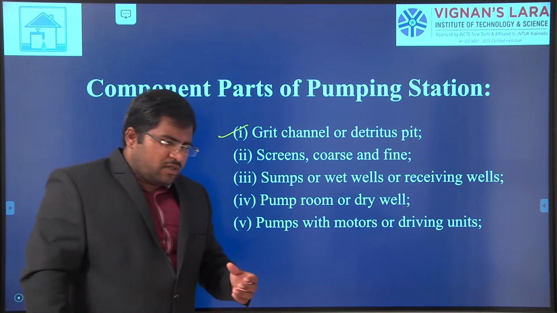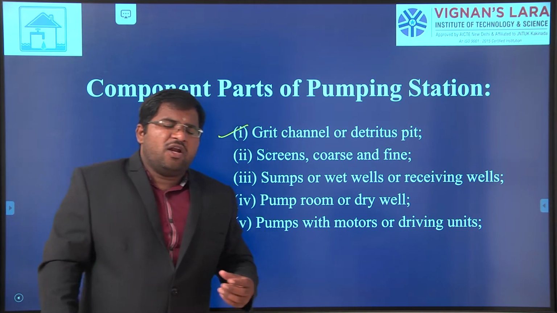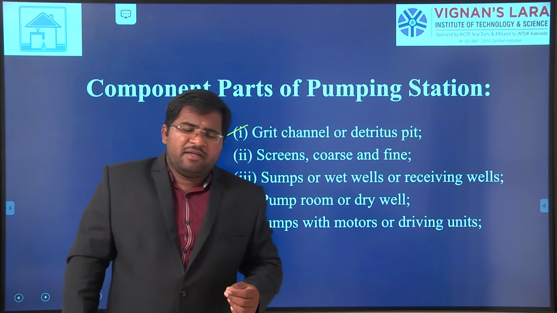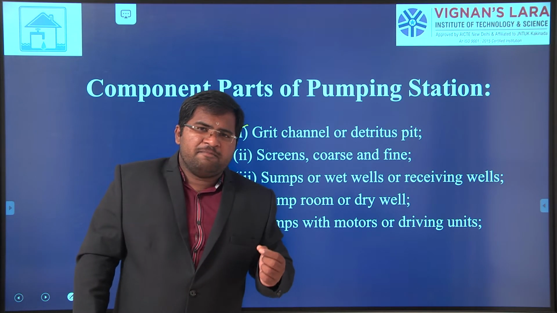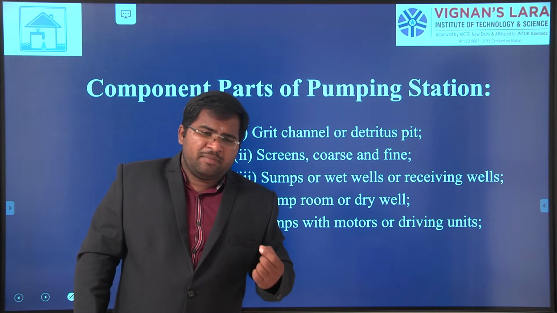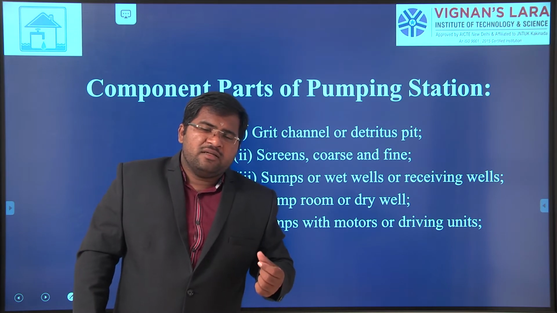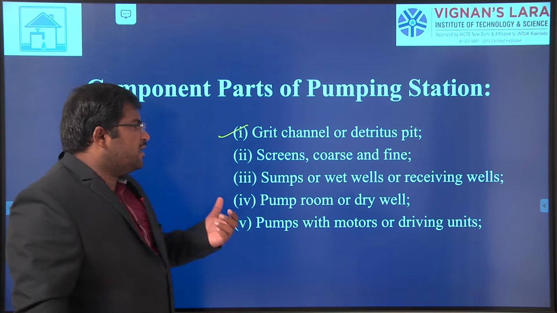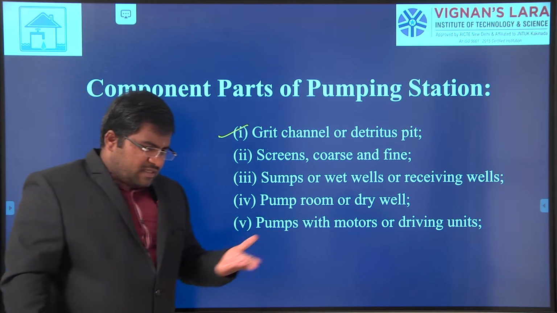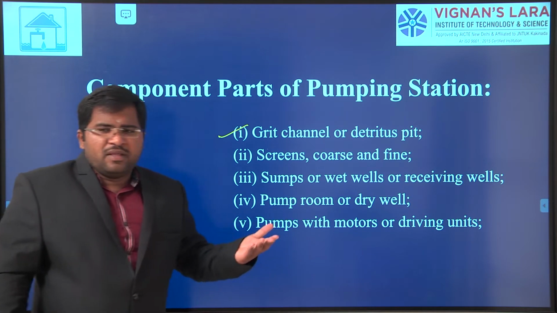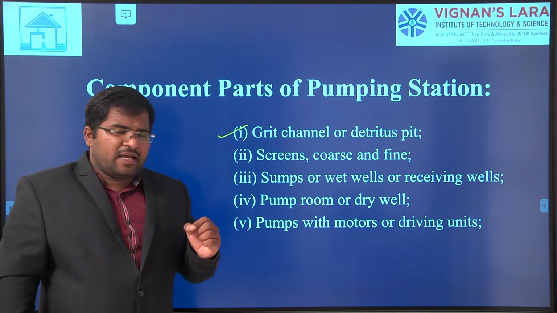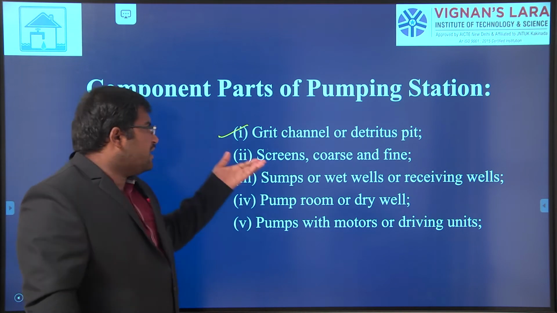Grit means solid particles of very small size, and it may be sand, it may be egg shells, like that. Those particles are called grit. You can see below any canal the sand and mud and grit, no? That is called grit.